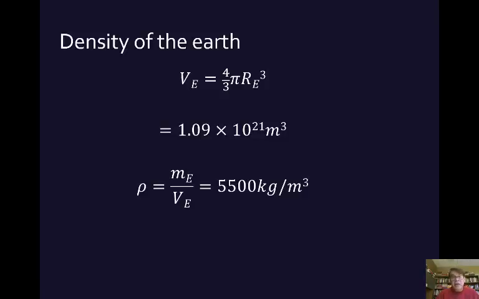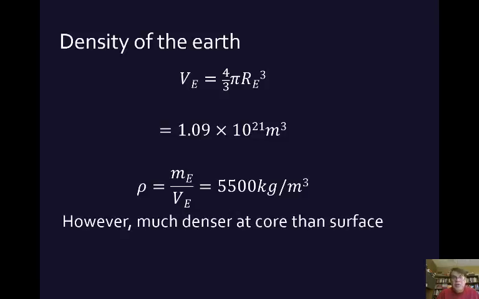As it turns out, and there's a lovely little map in color in this section, the Earth is much denser at its core than at its surface. So the density of the Earth is not constant throughout it. It's much less on the surface than in its core, which makes sense. But this is an average mass per volume for the Earth, not a precise one.